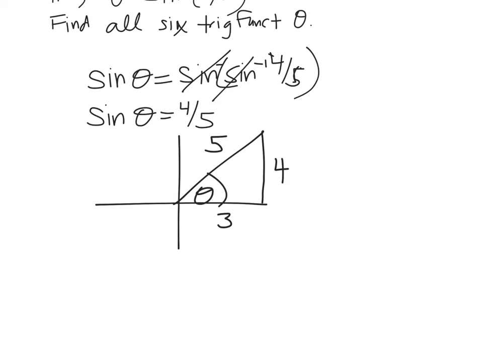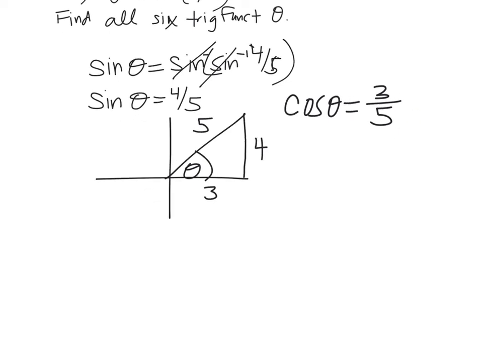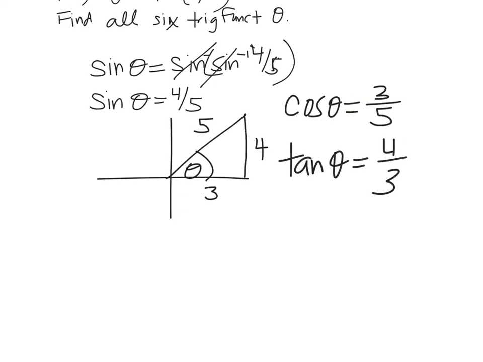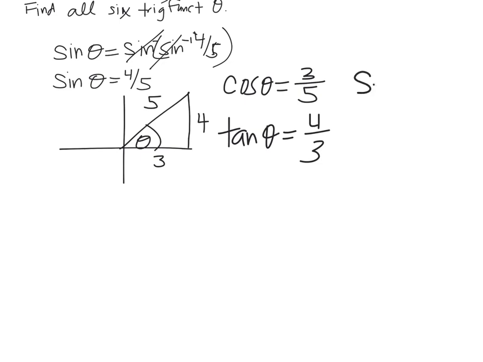We did this yesterday. So if I wanted to find the cosine of theta, that would be 3/5. Or the tangent of theta, 4/3. And all the rest of them, right? Secant of theta is 5/3.